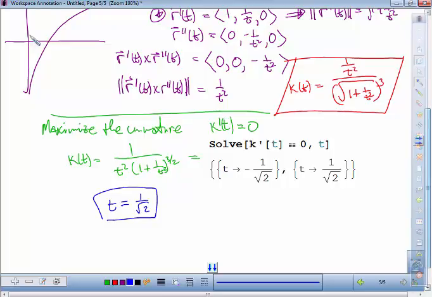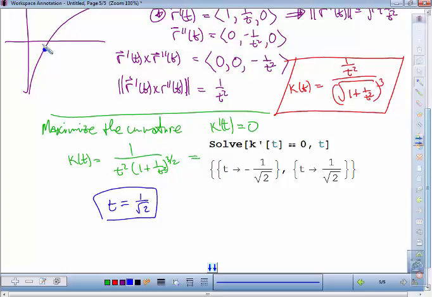I guess this is root 2 over 2, right? 1 over root 2? It's less than 1? So some point over here will give us the largest curvature. That's the most curved part of the natural log function.